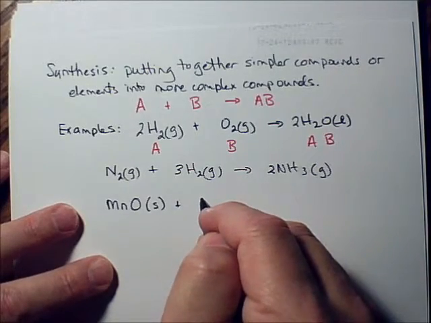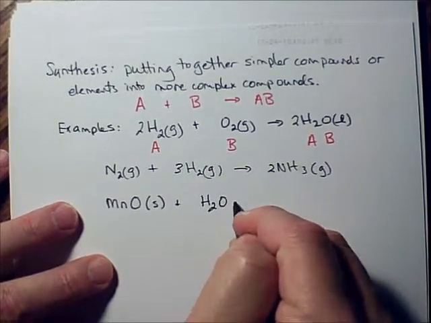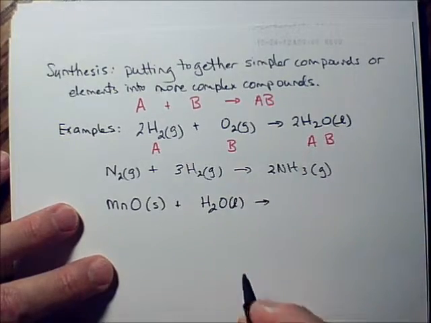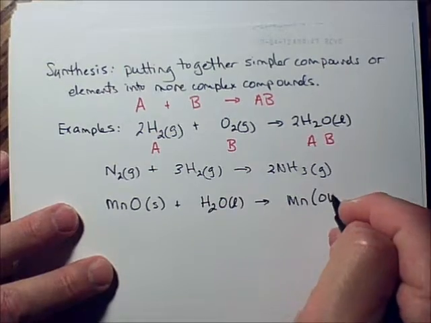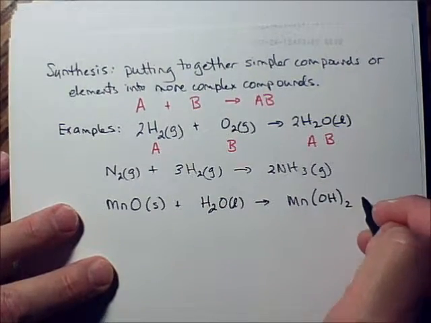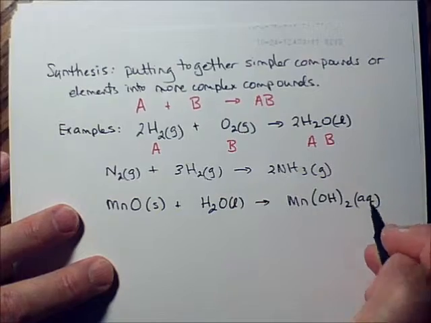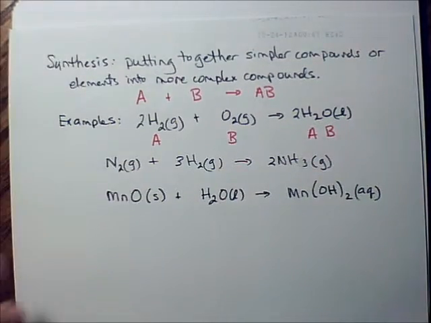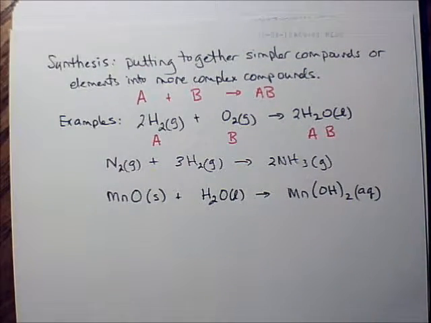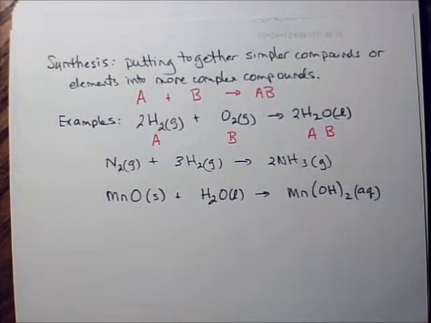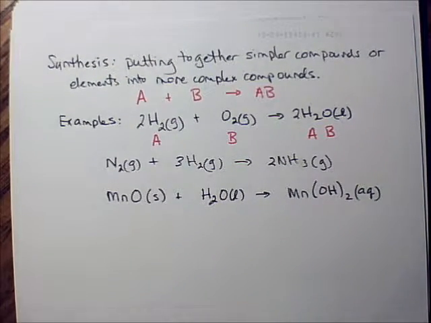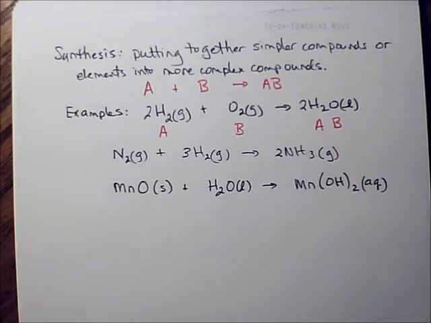And then we've got H2O, and we're going to put those together and make manganese 2 hydroxide. So you can use compounds or elements. That one's already balanced, yeah.